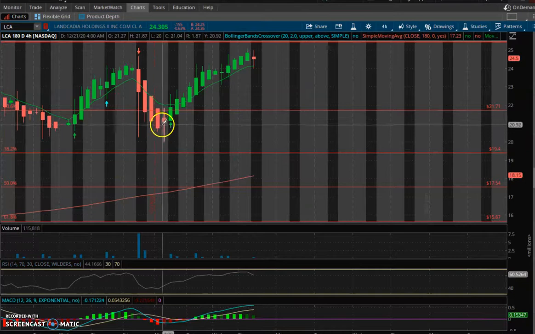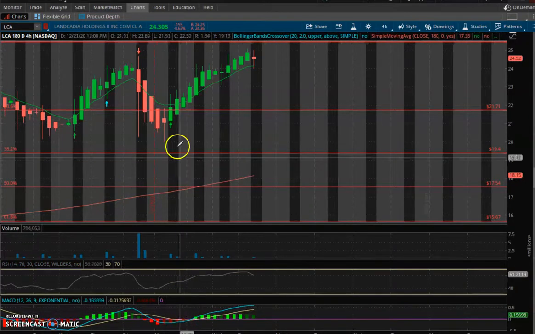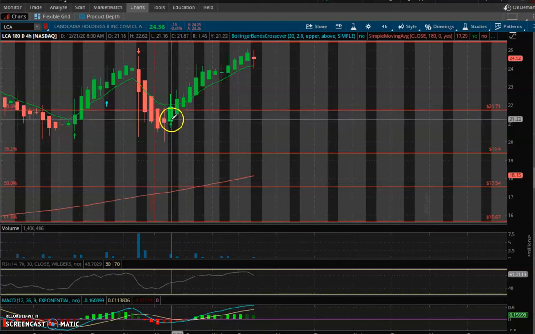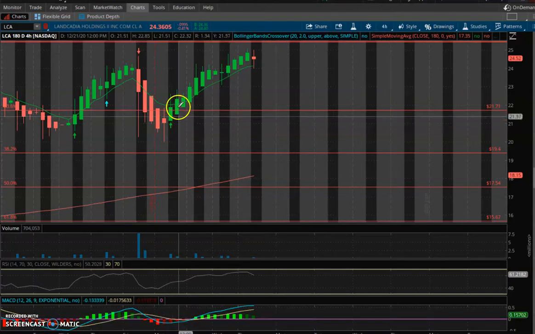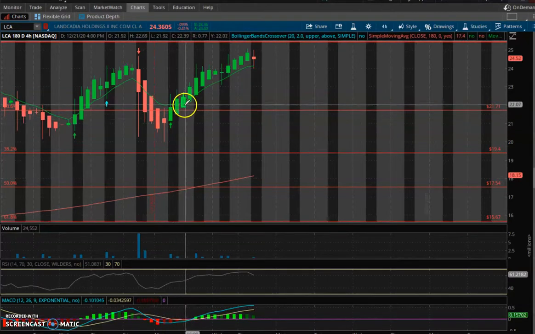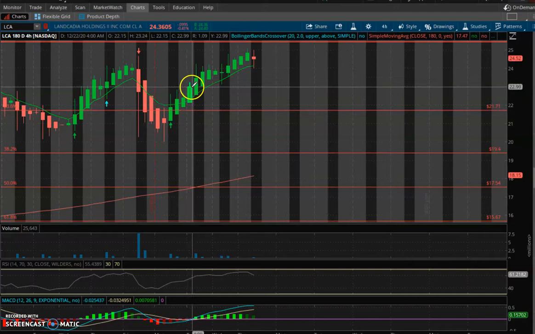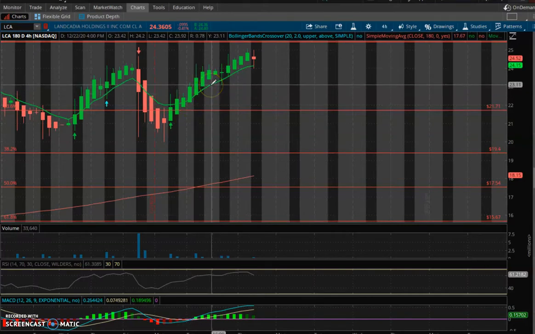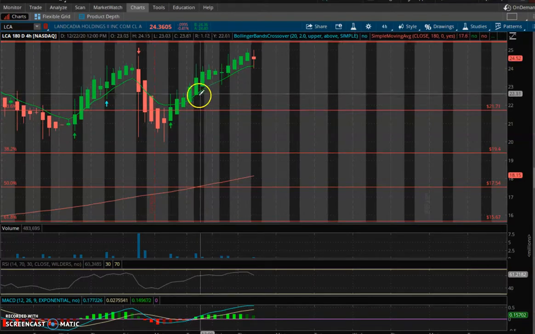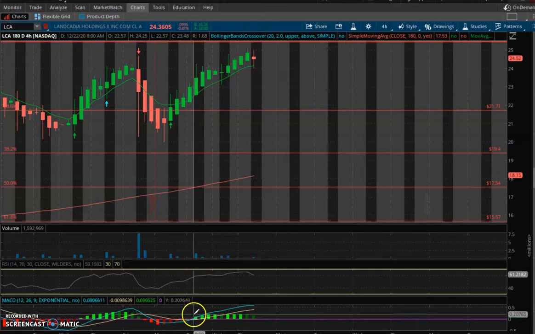Same thing over here. You see your doji candle. You see that the MACD was about to cross to green. You get a buy signal. So it's something to keep an eye on. However, I wouldn't have necessarily entered right here because I'm still technically in the red. It wasn't until my candle closed above my exponential moving average that the MACD crossed over.